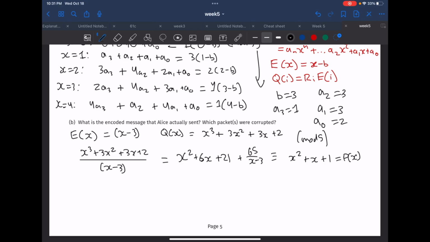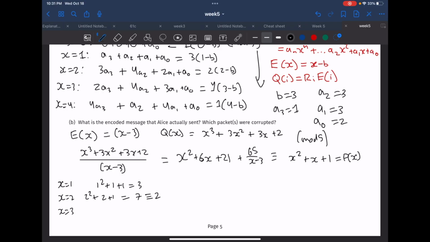So if we plug in 1 to this equation, 1 squared plus 1 plus 1 is just equal to 3. For x equals 2, you get 2 squared plus 2 plus 1, which is equal to 7, which mod 5 is just 2.